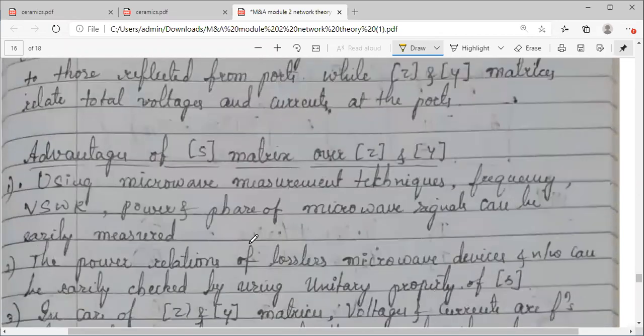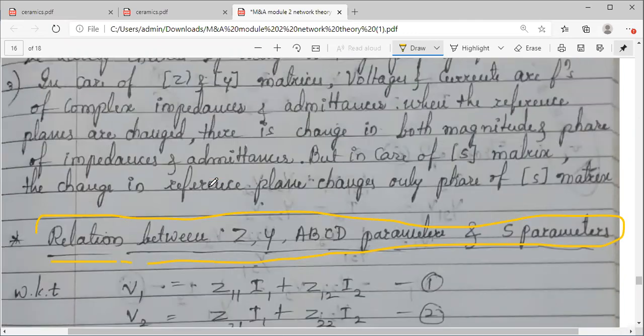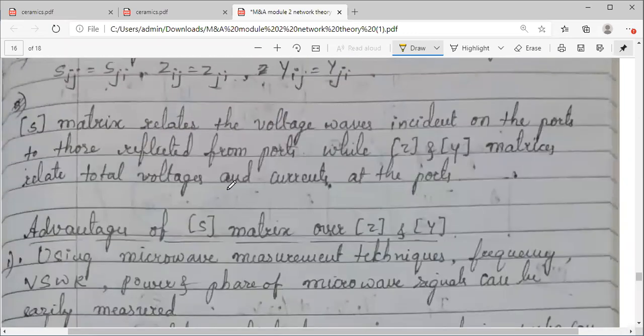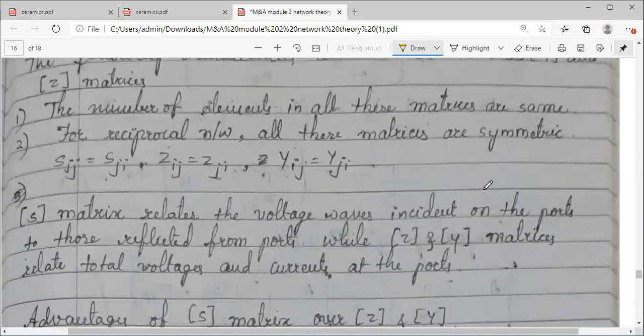There is also one important relation between all these parameters. We have already seen Z, Y, ABCD, which you have already studied. So the interrelationship: what is the relationship between these parameters? These two topics remain, which we will deal with in the next session. With that, this half module will be over.